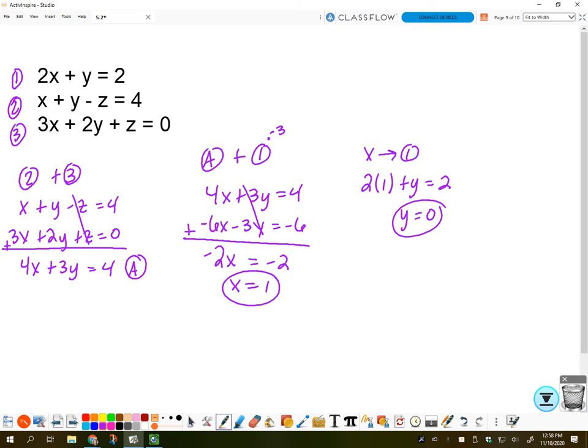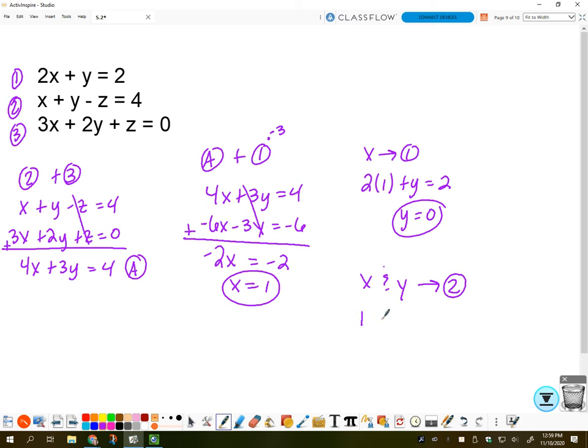Alright, now you know 2 things. So plug it in somewhere that there's 3 things. So you can either choose 2 or 3. And we'll go with 2. But that's not what I meant to write. We want x and y to go into equation 2.